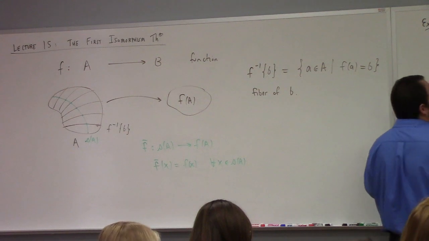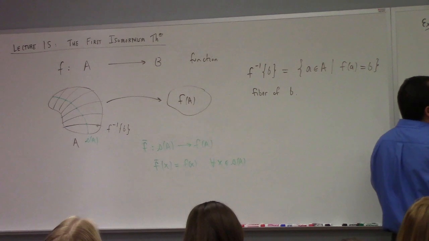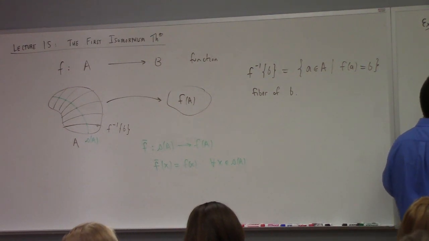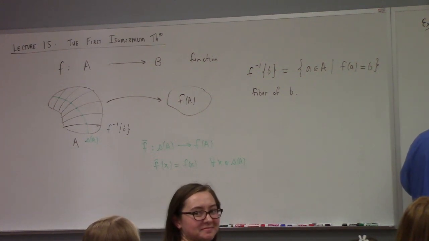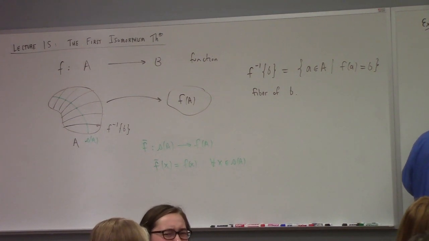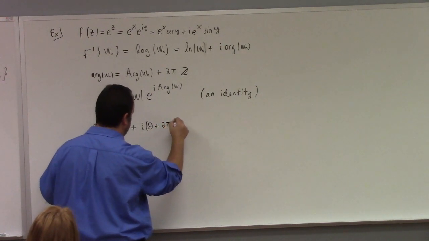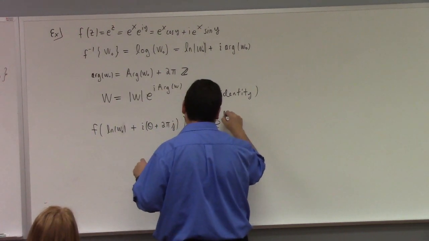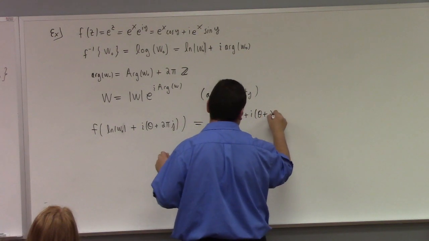So if we calculate f of the natural log of the modulus of w naught plus i theta plus any multiple 2 pi j, well, that's going to be e to the natural log of the modulus of w naught plus i times theta plus 2 pi j.